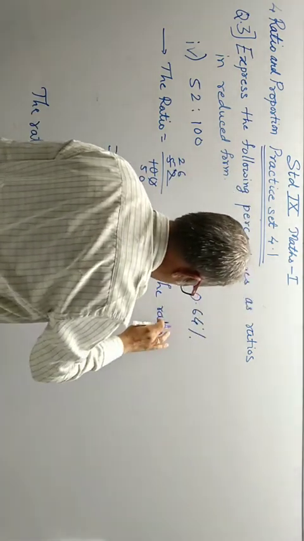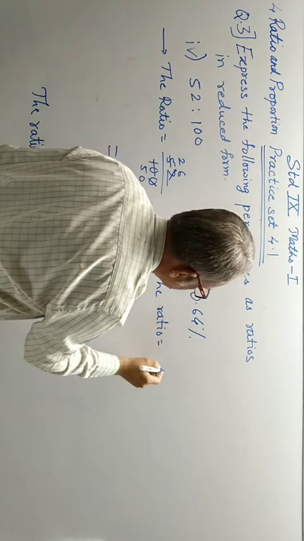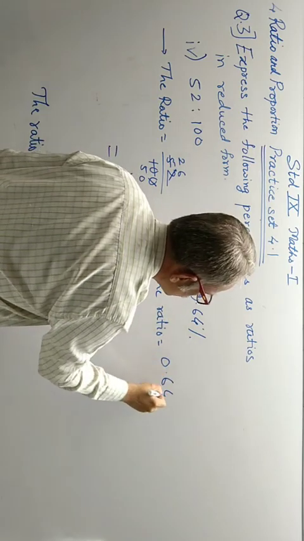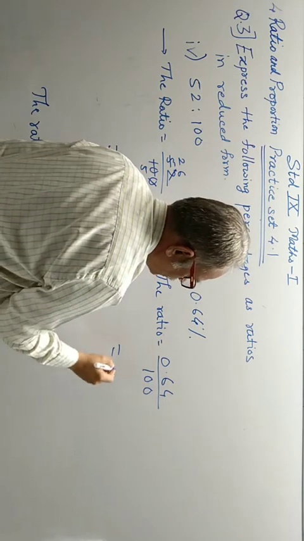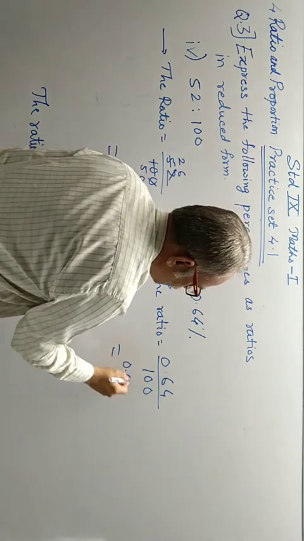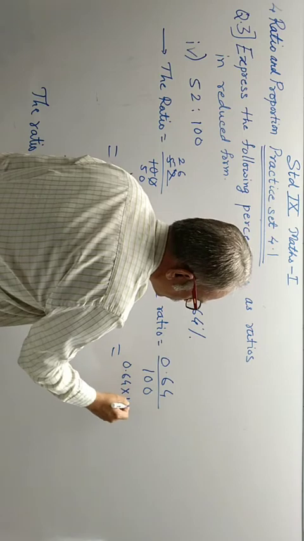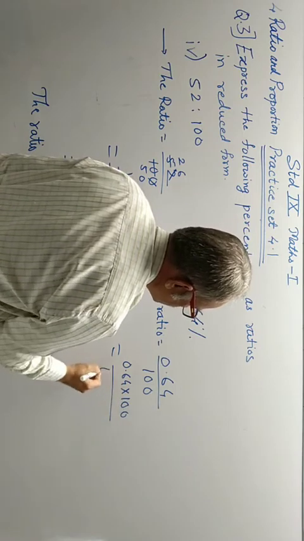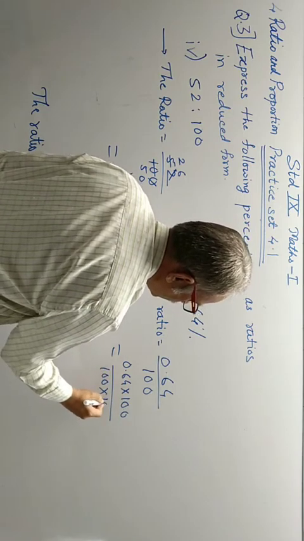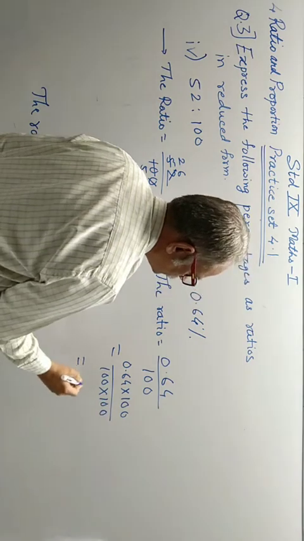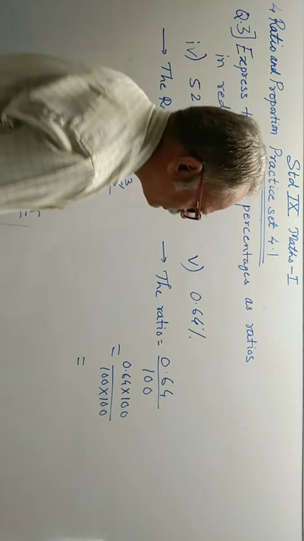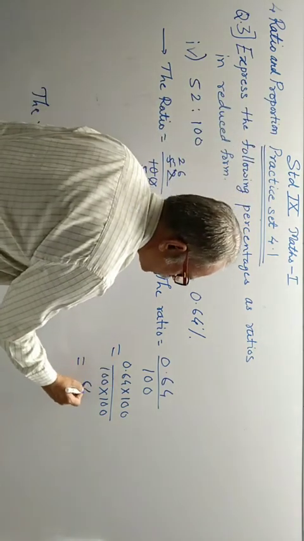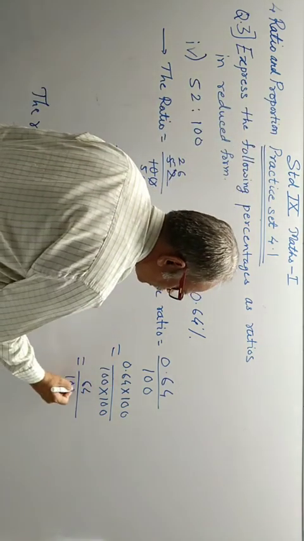Percent means upon 100, per 100. Now to convert 0.64 into integer, multiply by 100. This 100 also multiply by 100, like the last to last sum. So it will be 64 upon 10,000.